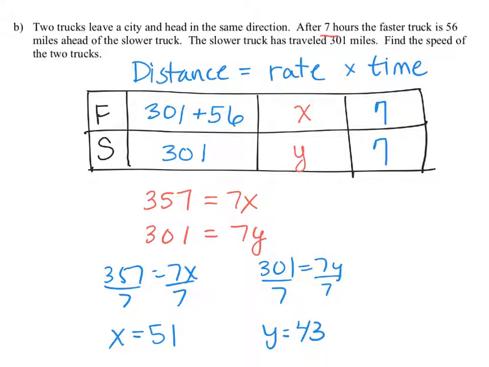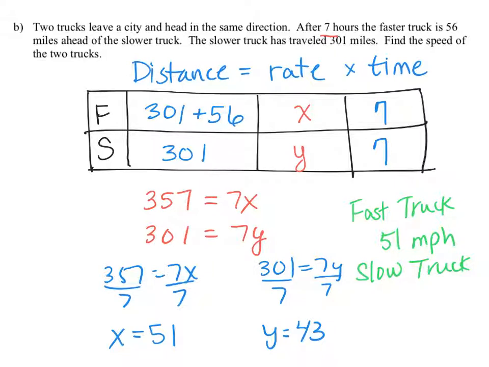So if x is equal to 51, that was the rate of the fast truck. So we can say that the fast truck is traveling at 51 miles per hour, when the slow truck is traveling at 43 miles per hour.